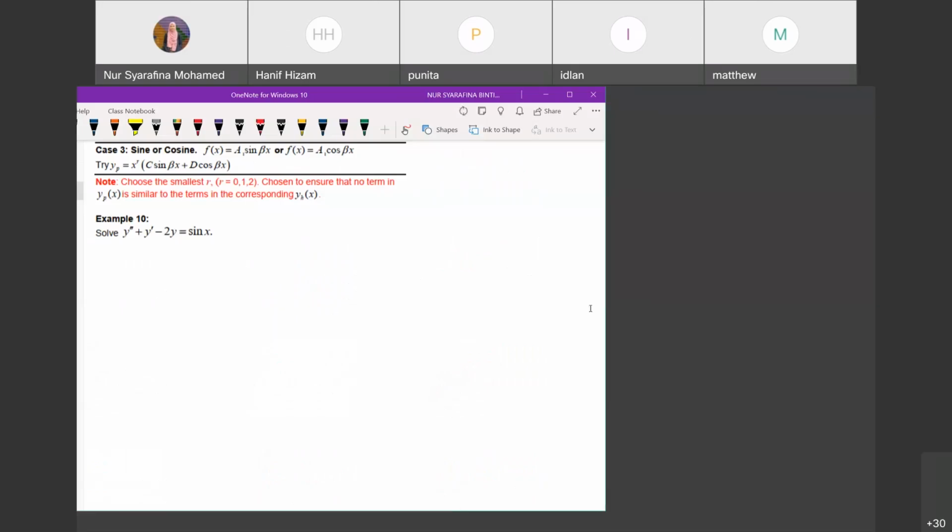All right. So remember, we have discussed the second order differential equation for homogeneous, and then for non-homogeneous. What are the differences between homogeneous and non-homogeneous? Anyone?